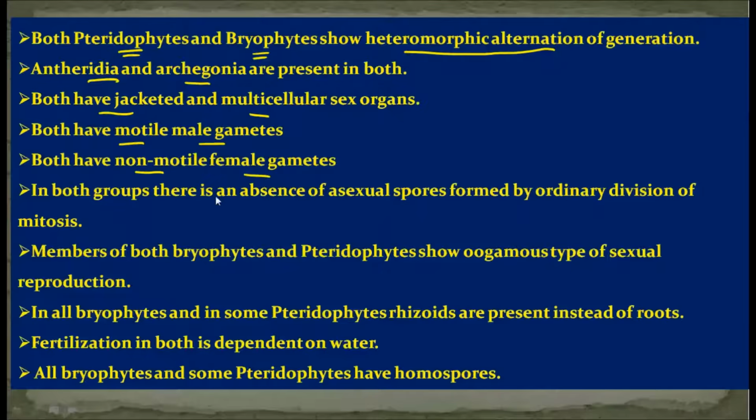In both groups there is absence of asexual spores formed by the ordinary division of mitosis. Members of both show the oogamous type of sexual reproduction. In all bryophytes and some pteridophytes, rhizoids are present instead of roots, and fertilization in both is dependent on water. And the last one is that bryophytes and some pteridophytes have homospores.